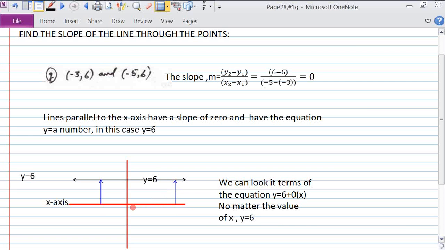If I change the x value, and go up to where it crosses, the y is still 6. So here, let's say x could be minus 3. y would still be 6. Here, let's say x might be equal to 5. When x was 5, y would be 6. So no matter what the value of x is, I can put any number I want, y is always 6.